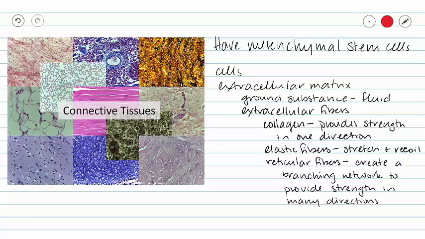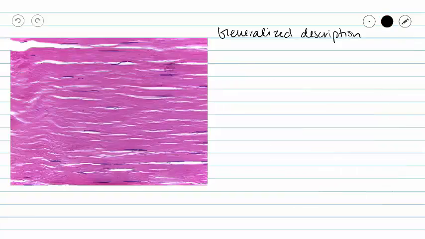But in this video, we are covering dense regular CT proper, which we see right in the middle of our picture in this little L shape. So let's zoom in on that tissue. Here we see dense regular CT proper, and you'll notice that we're looking at a lot of pink.